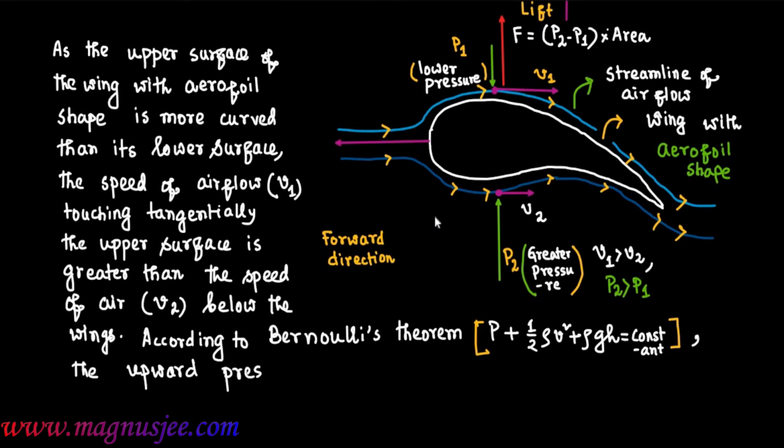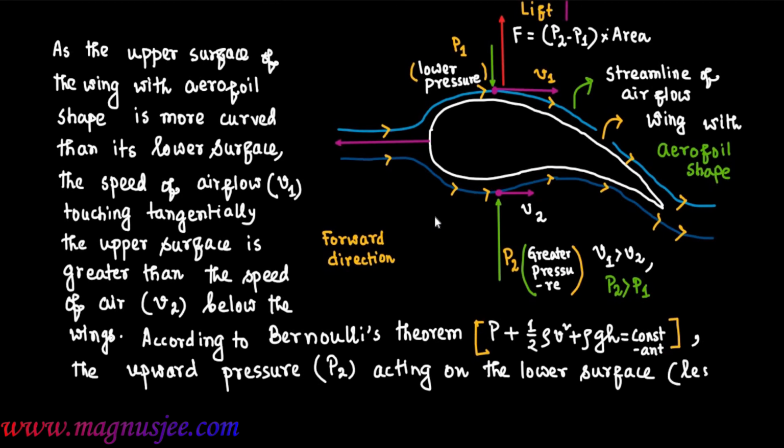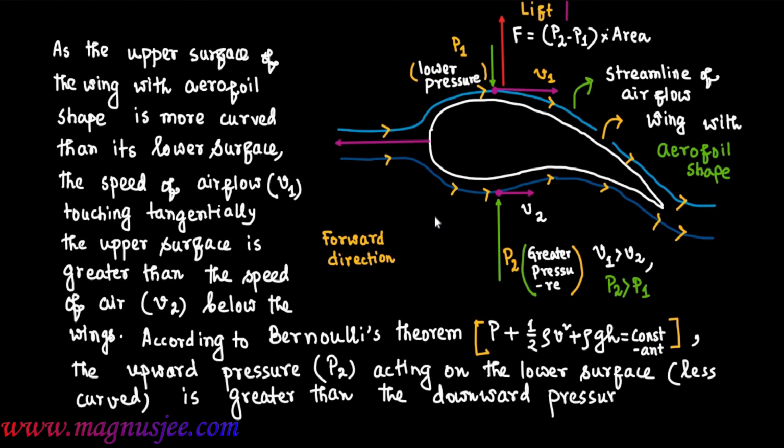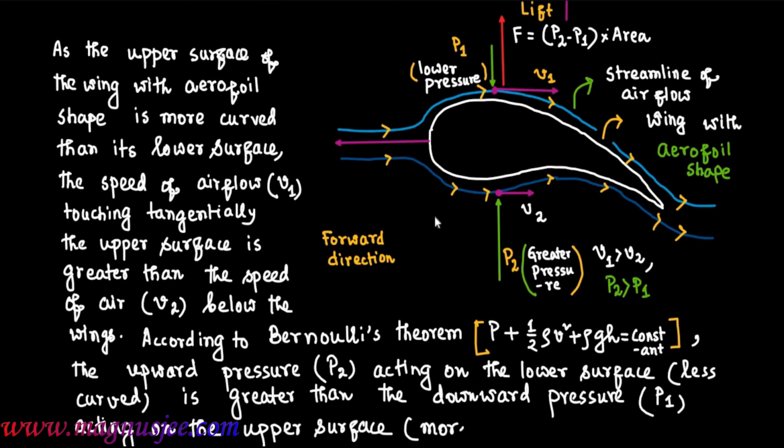The upward pressure P2 acting on the lower surface of the aeroplane wing, the surface with less curvature, is greater than the downward pressure P1 acting on the upper surface, which is more curved.